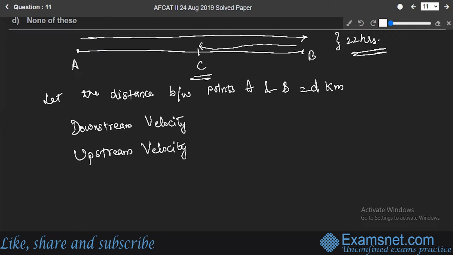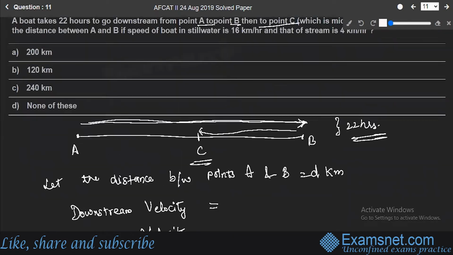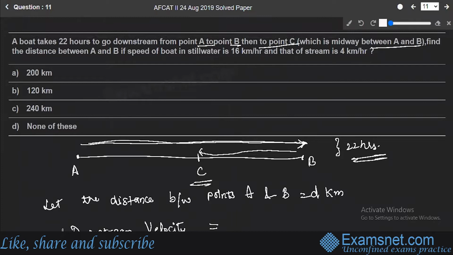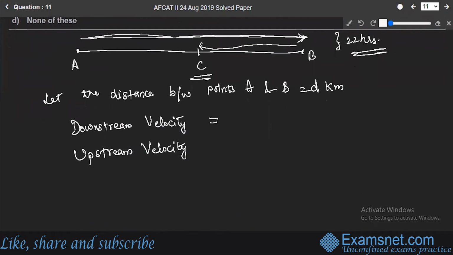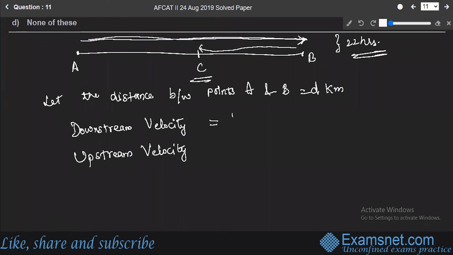When the person is moving in the same direction as the flow of the river, then he is moving downstream. In this case, the two velocities will be added. This is the velocity of the boat, and this is the velocity of still water, right? So when it's moving downstream, obviously the two velocities will be added.